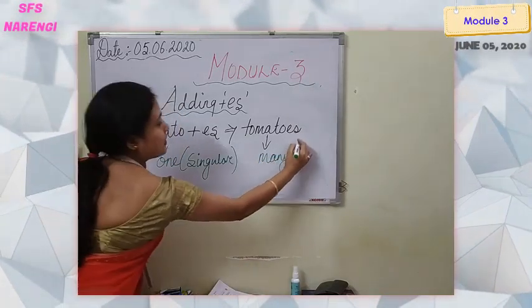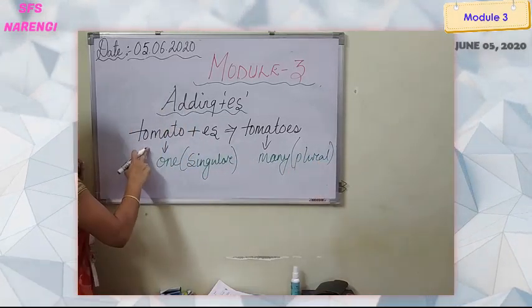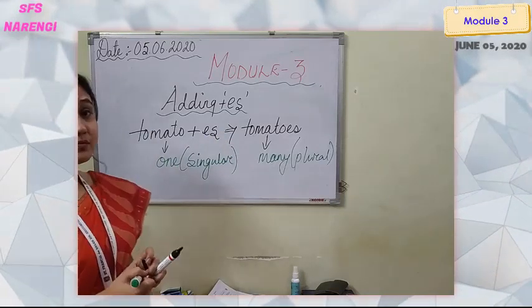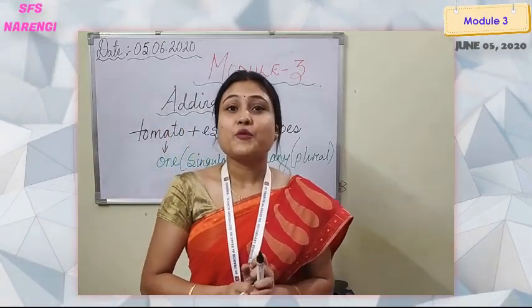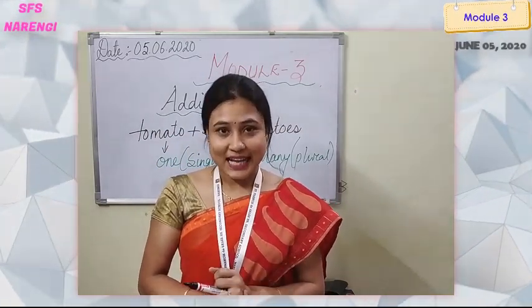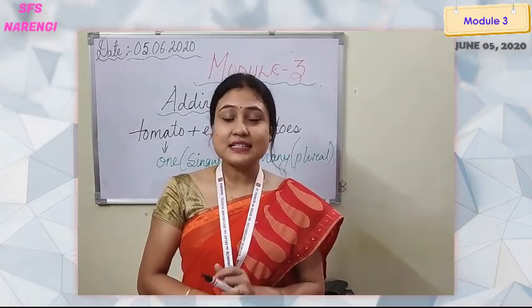Many. So it is the plural form of tomato. Tomato, tomatoes. Yes? So my dear students, we will be learning more examples of the words that end with s and x. Yes? Okay, let's see the examples now.